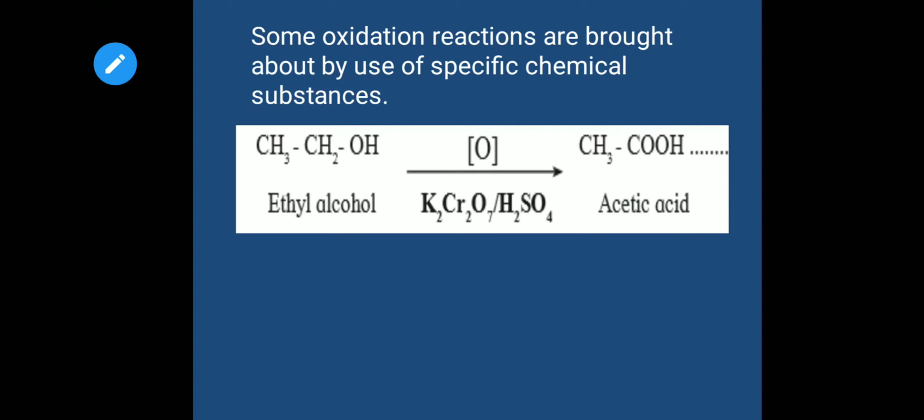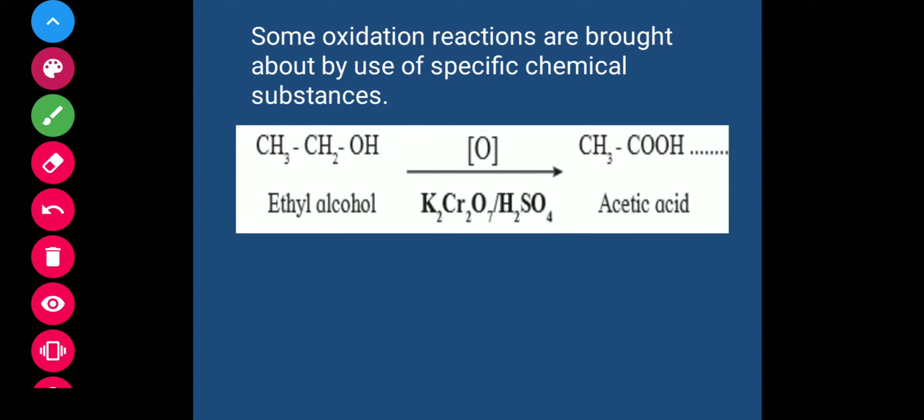Here in this example, the acidic potassium dichromate makes oxygen available for the oxidation of the reactant ethyl alcohol. So this oxidation reaction is brought about by use of acidic potassium dichromate.